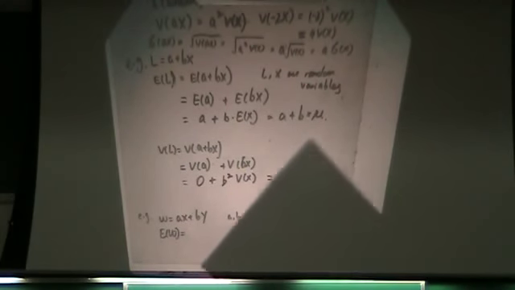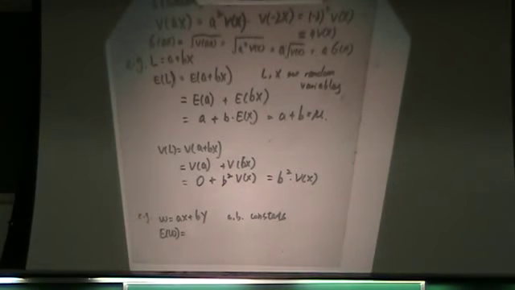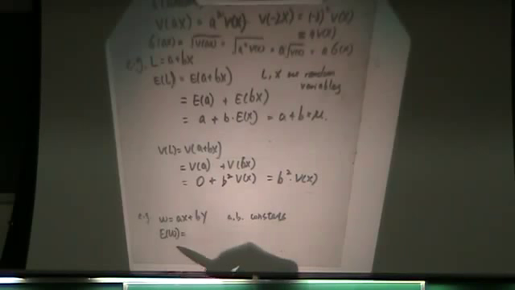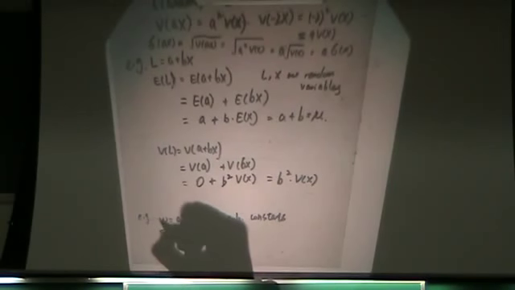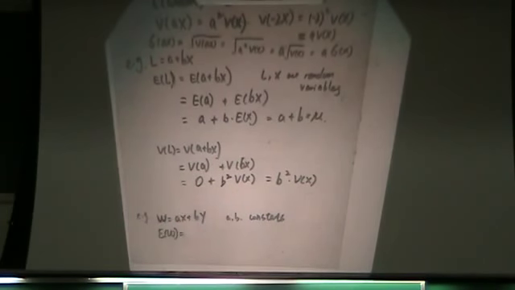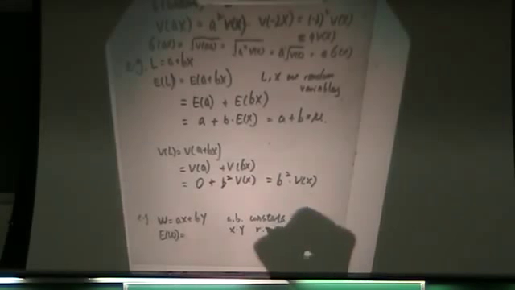Okay, so next, this is just the general formula. Suppose W is a random variable, W is AX plus BY. A and B are constants here, X and Y are random variables.